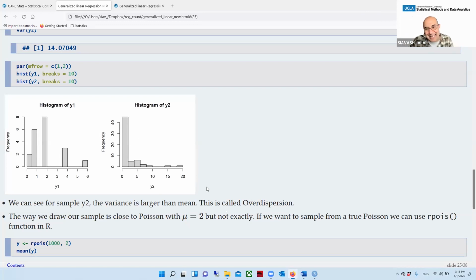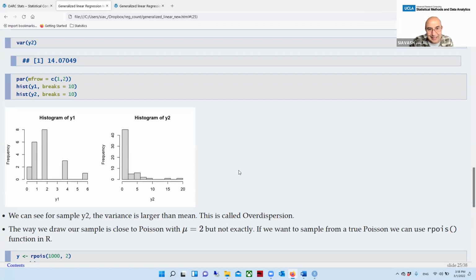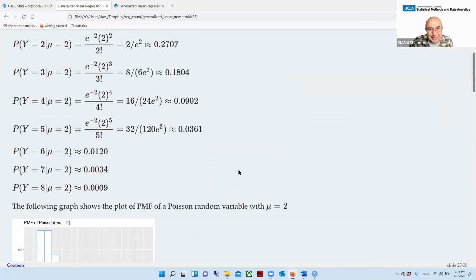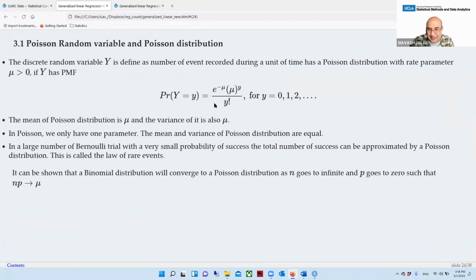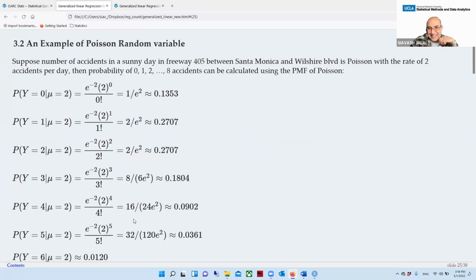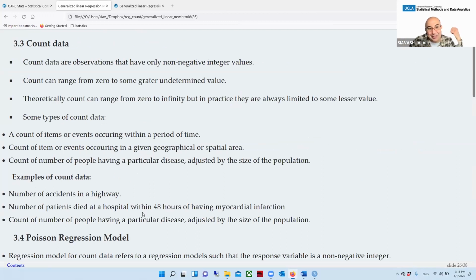So somebody asked where the variation comes from, right? One part of the variation comes from the distribution function that we have, based on this probability mass function, but sometimes we cannot capture all the variance. So we have to add a little more variance. That we call overdispersion.